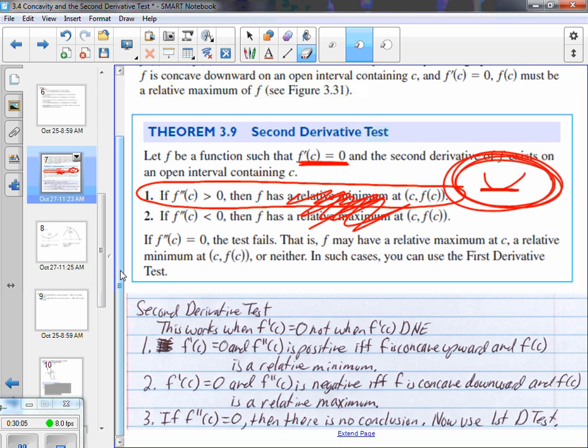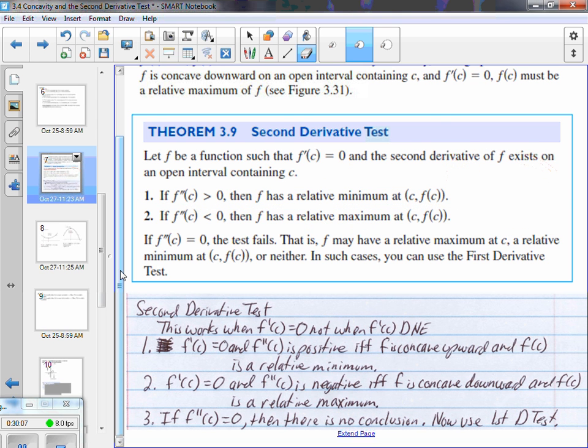And then you flip all that around. When the second derivative is negative, that means concave down. The first derivative is 0. That means horizontal tangent line. You've got yourself a relative max. Okay?